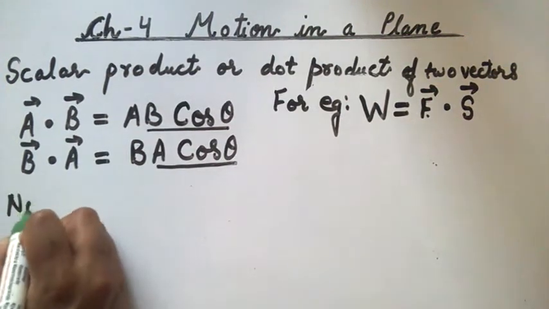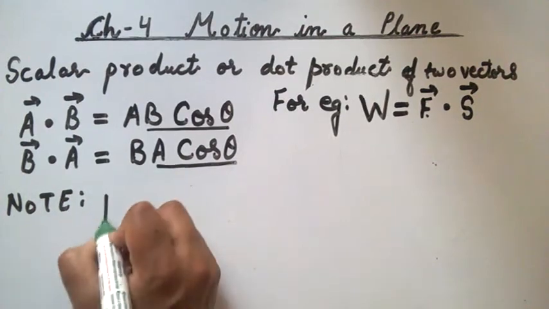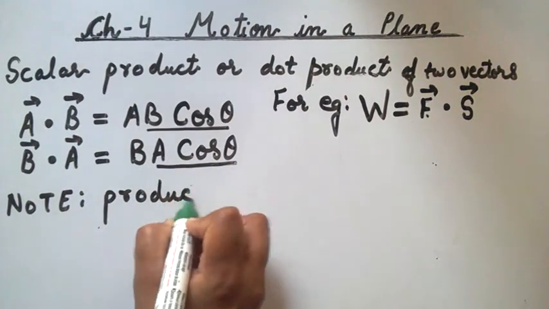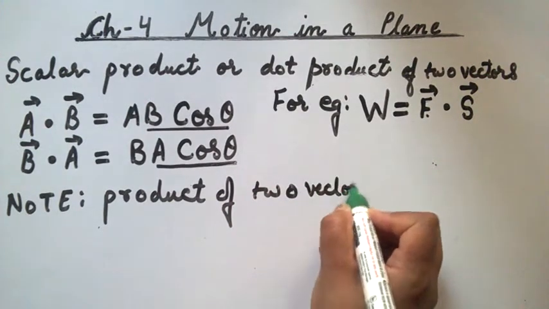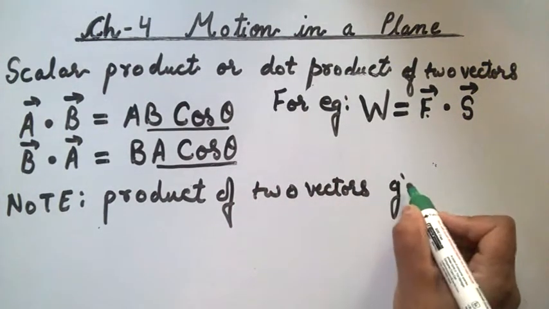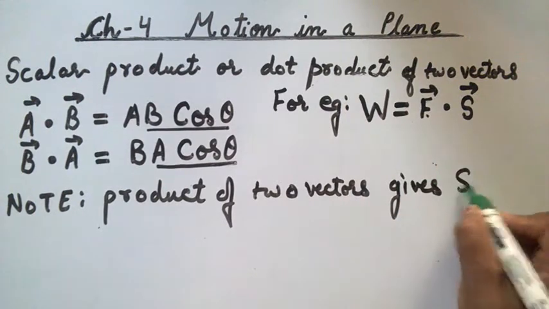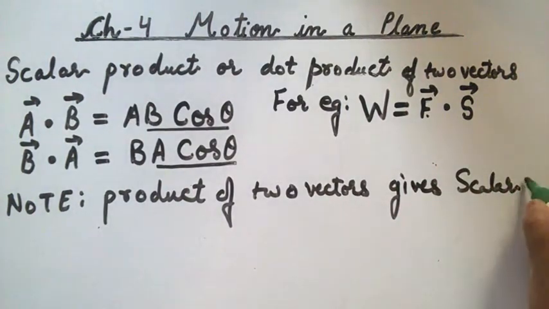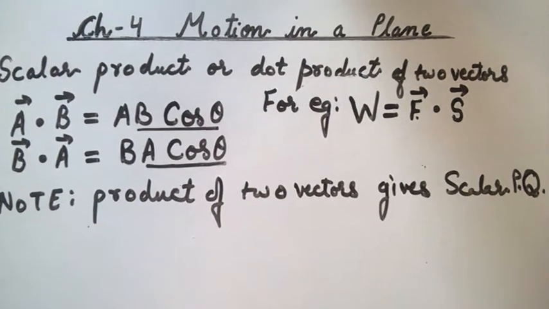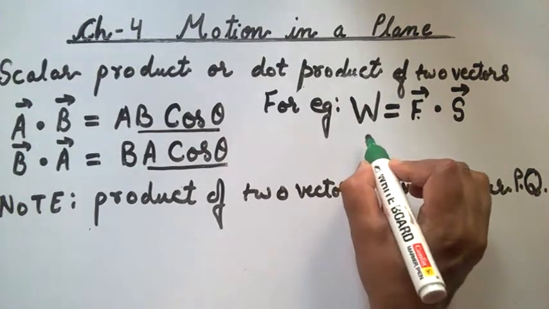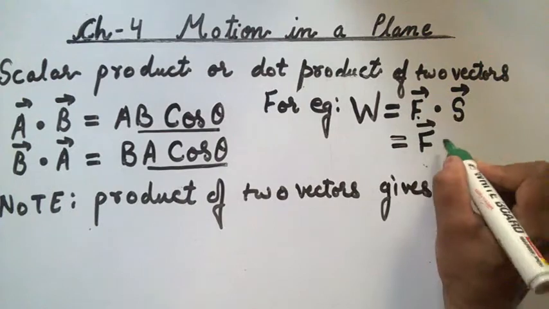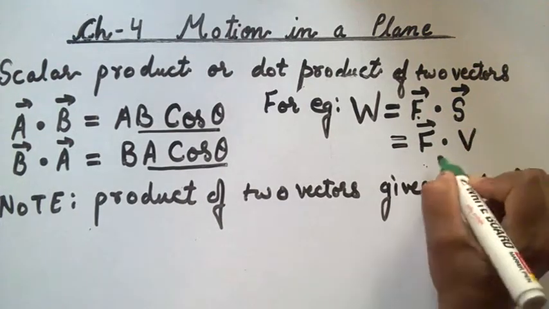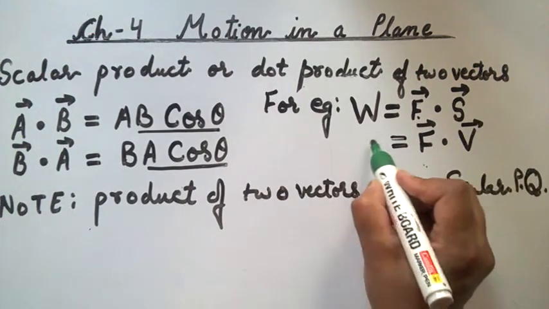So the product of two vectors gives a scalar physical quantity. See more examples. We know force dot velocity gives power.